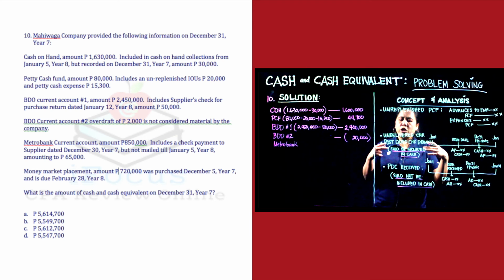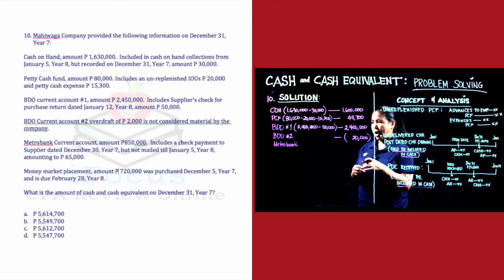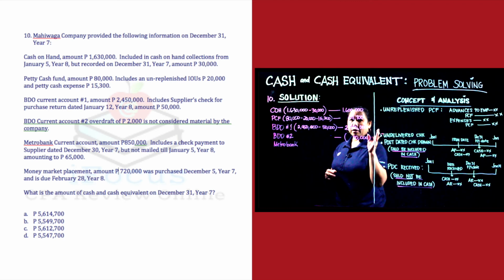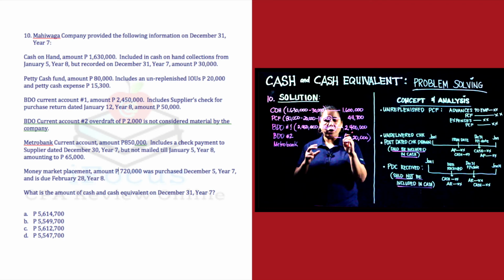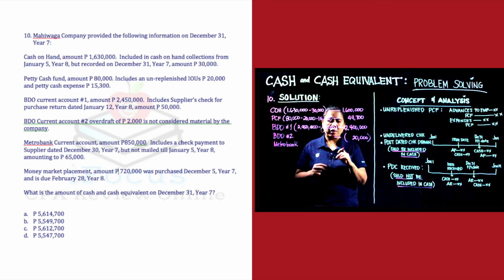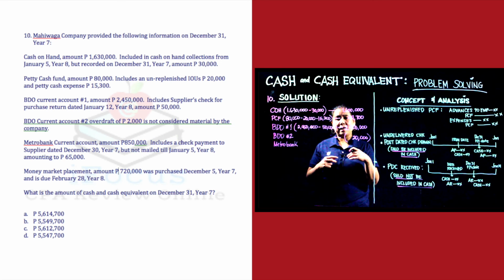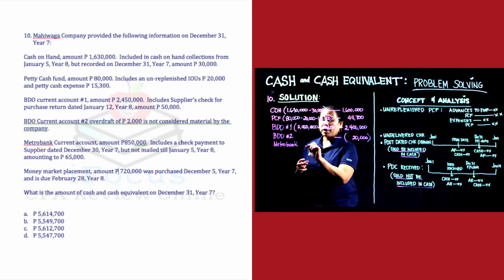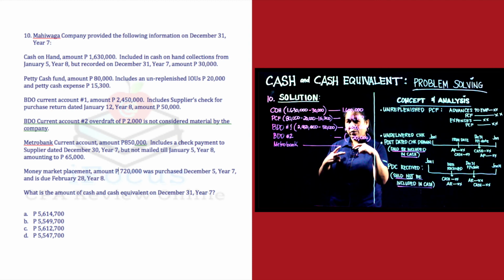Alright? So, it should be included in our cash. Pero ang sabi ng problem natin is includes a check payment to supplier. So, included na yan. Hindi nga lang na-mail. Alright? So, yung Metrobank na account natin, wala tayong adjustment. Kasi nga, included na po siya. Alright? And it should be included.